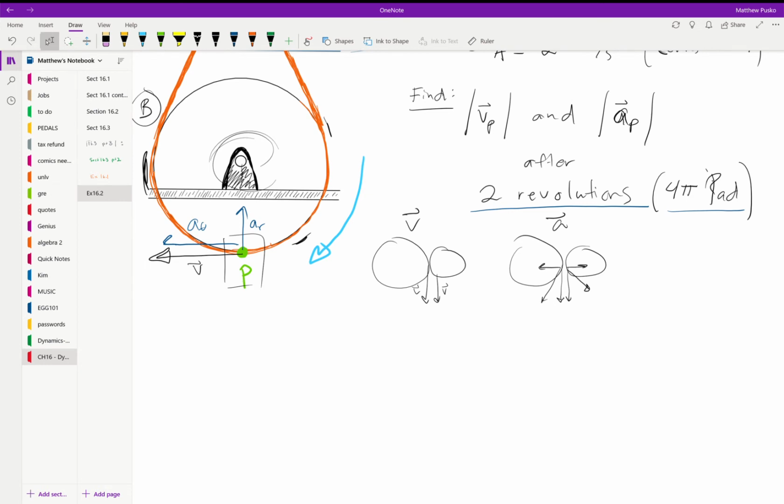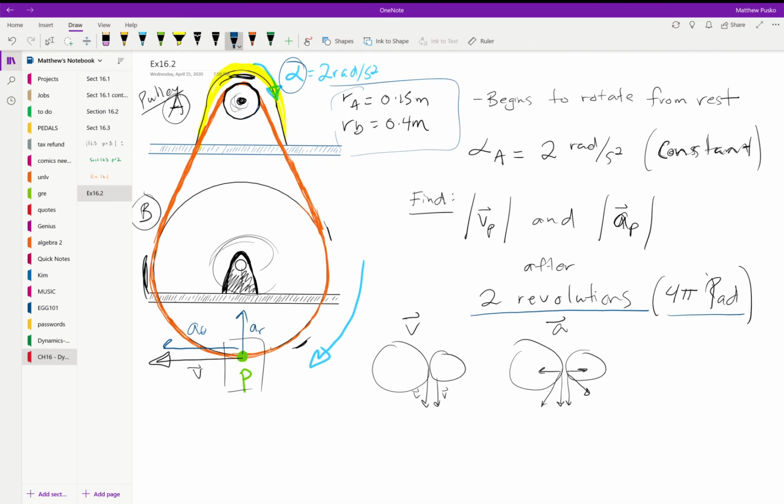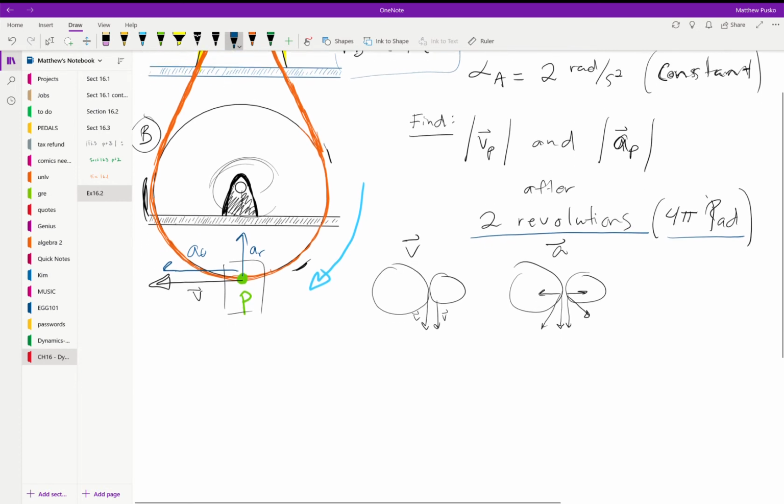Okay, since alpha is constant, we can use constant acceleration equations. I'm going to figure out what omega A is, what A is spinning at over here, this is our driving motor. I'm going to figure out what the angular velocity is after 2 revolutions.